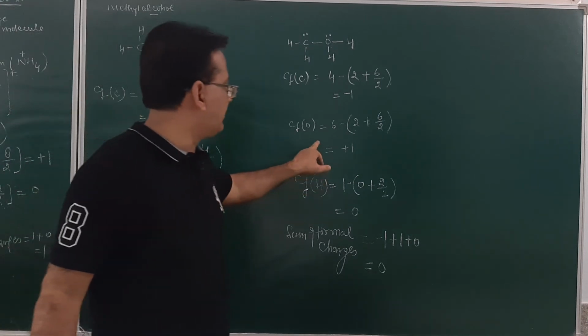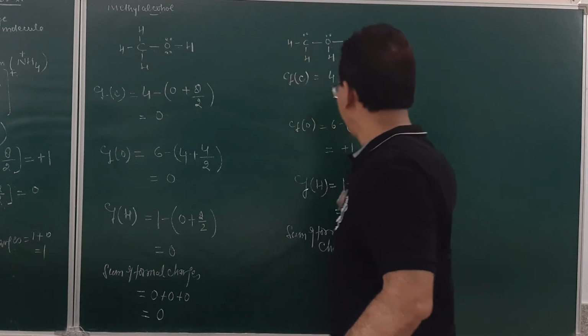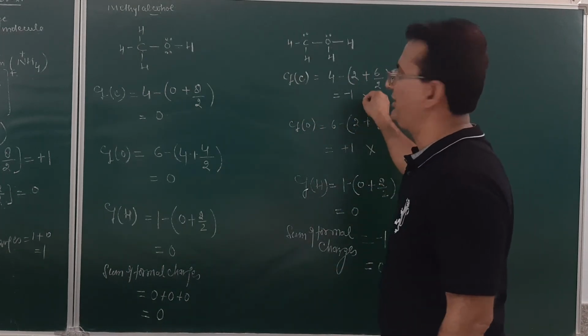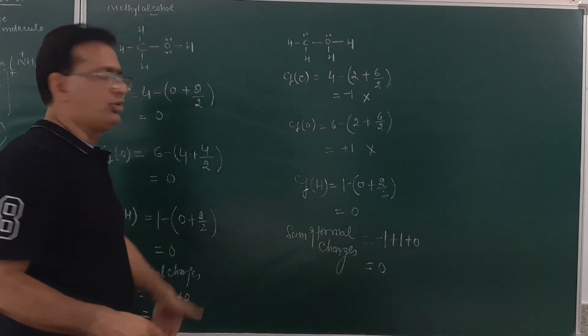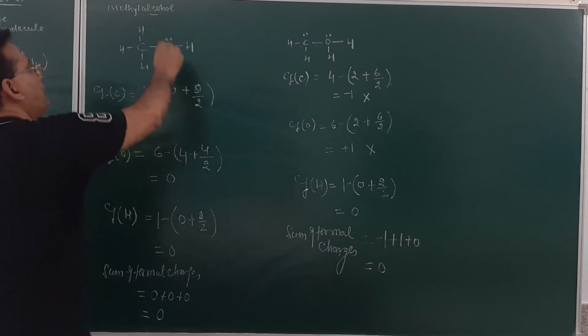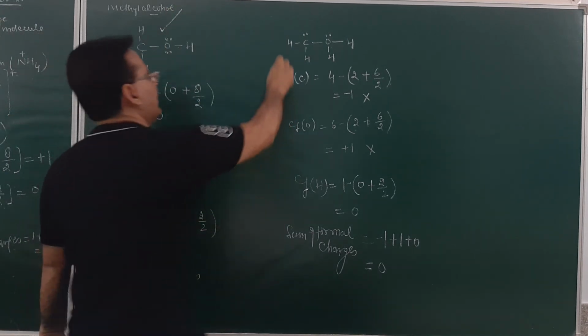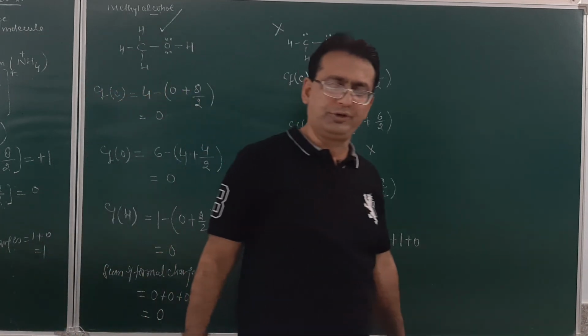Here on the electronegative atom, the charge is positive. So, this condition is not desirable. Neither is this condition desirable because on the carbon a negative charge is coming. So, applying the rule over here, which is the more stable structure, this is the correct answer. And this answer of a Lewis dot structure will be considered a wrong structure.